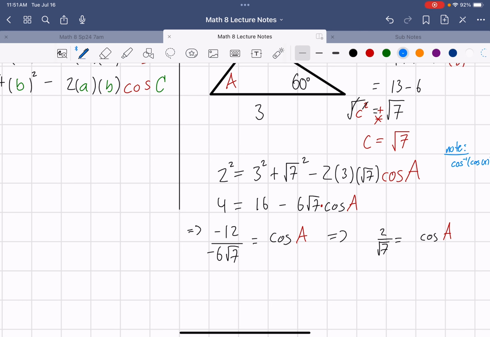And this is where we'll apply our inverse property or cancellation property, which gives me angle A equals cosine inverse of 2 over square root of 7.